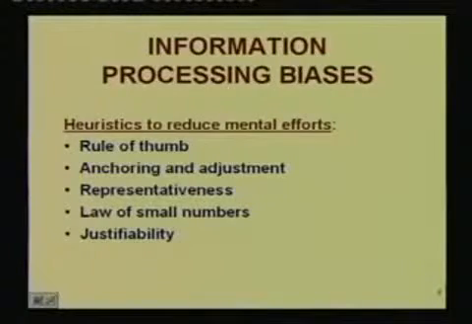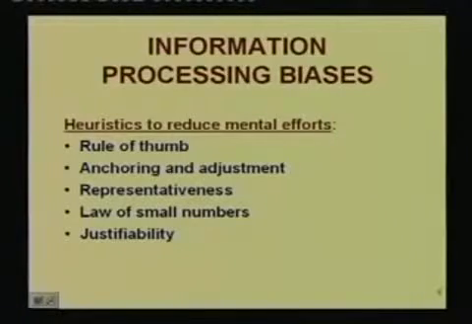Anchoring and adjustment: you have an anchor and adjust your values around that anchor. Later on we shall see an example of it. If a person has to make a decision in a complicated scenario, instead of going into the details of the decision making, an easy way out is to see what decisions people have taken previously in the same situation, take that decision as an anchor, and make adjustments to that anchor.